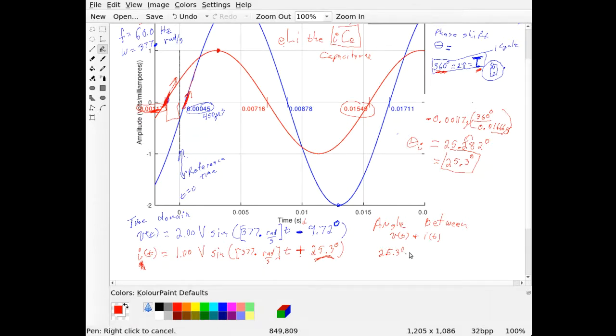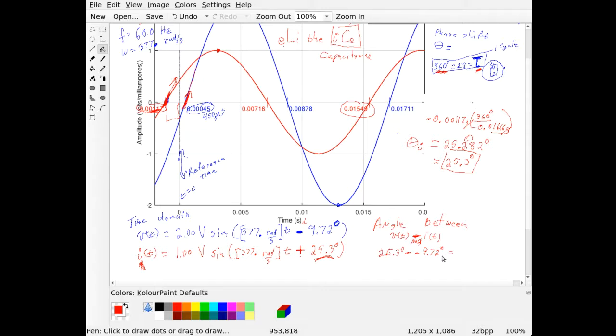We're looking at the difference, so there should be a negative sign up here, a minus 9.72 degrees.